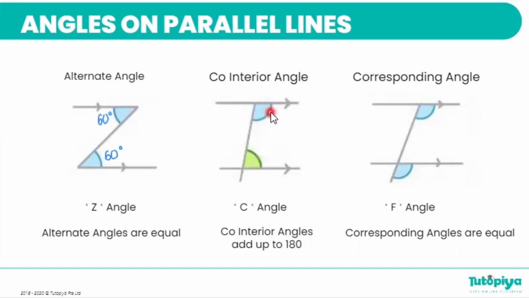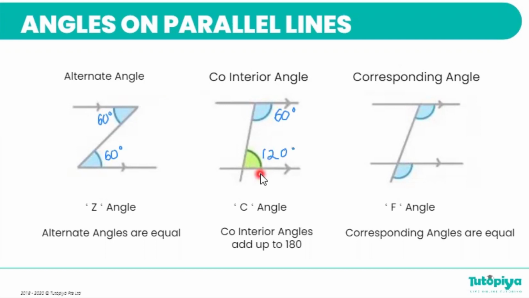We say these are supplementary because they add up to 180 degrees. If the angle in blue was 60 degrees, then the angle in blue and the angle in green have to add up to 180, so the angle in green should be 120 degrees.